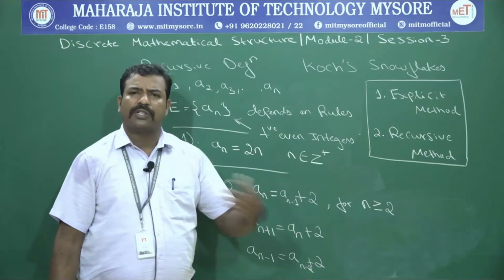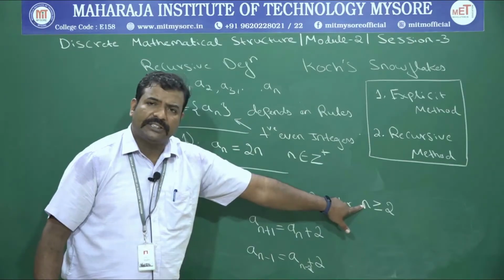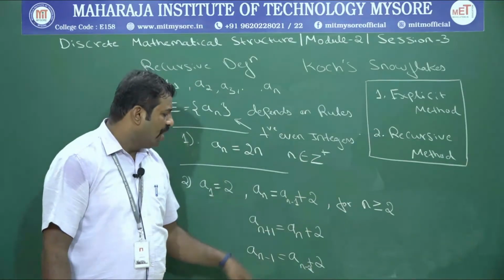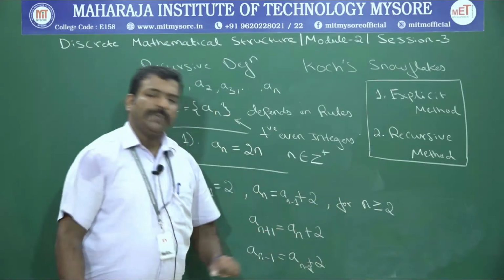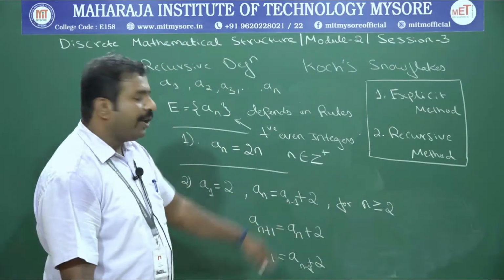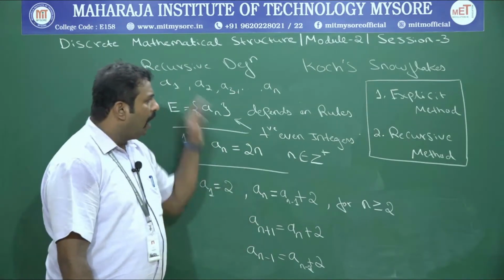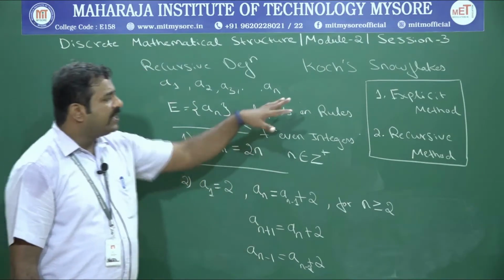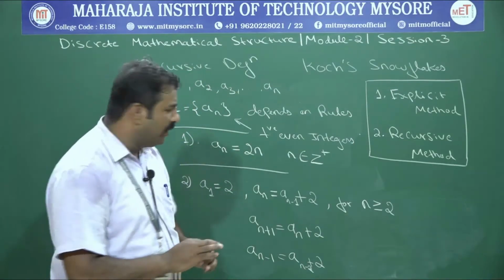So all these three forms are similar, but depending upon the form, even the starting of the recursion should change. Now what the value of n should be for this and what the value of n should be for this, just think and try to fill out this particular equation for the particular form. Now this is what the explicit method and recursive method stand for. I hope I am clear with this.